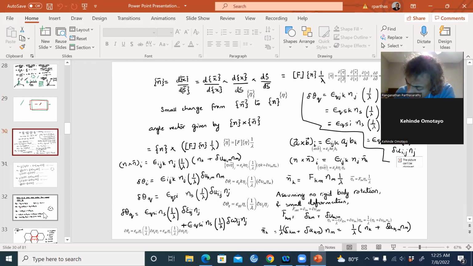Our angle is n cross n bar. So dx bar is nothing but F dx by ds bar. So n cross n bar. Yeah, we know this one is.